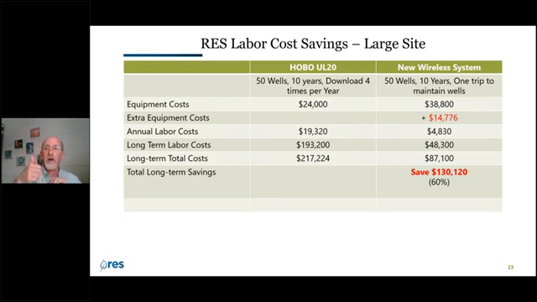If I can go out one time at the beginning of the growing season, make sure the well's functioning and the electronic equipment is in good repair, then that should be the only trip I need in a year, and that really reduces your labor costs here. In this case, we're talking $130,000 in labor savings, or a 60% reduction in overall cost in monitoring just one parameter at this mitigation site.